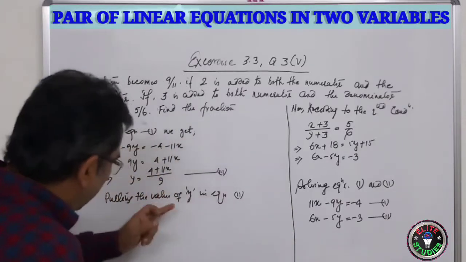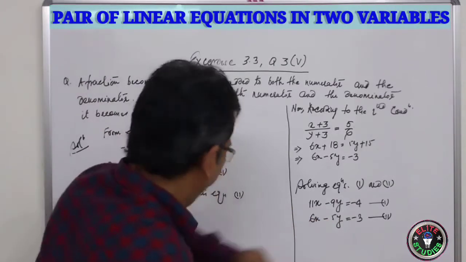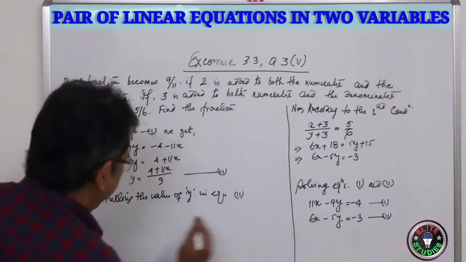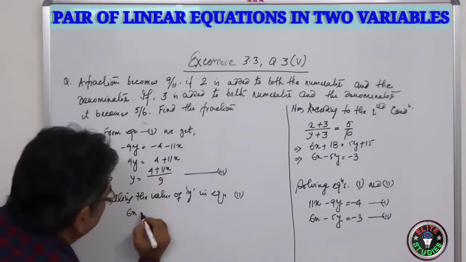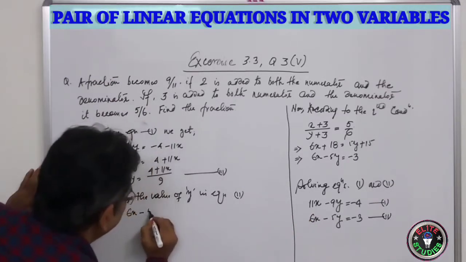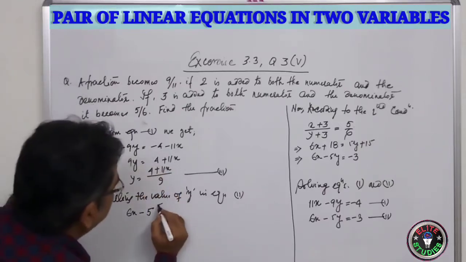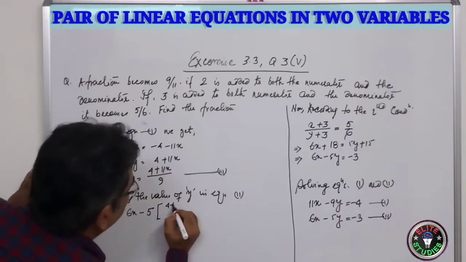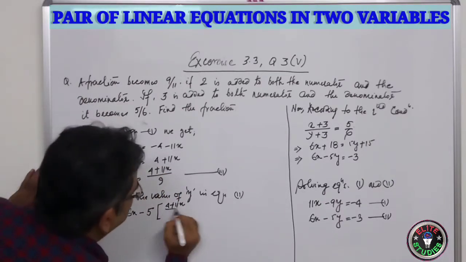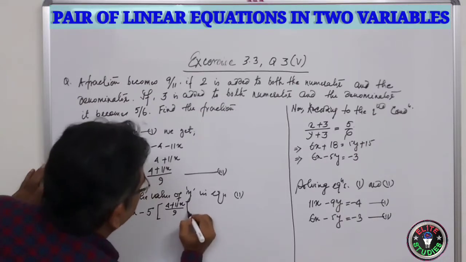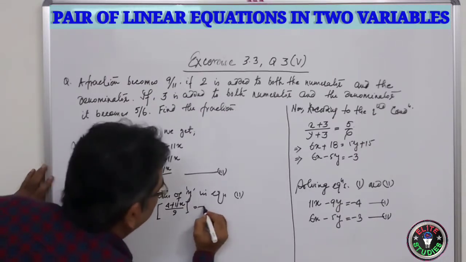Now we have to put that value in equation 2. What we get? 6x minus 5. In place of y, we will put this one. (4 plus 11x) by 9 is equal to minus 3.